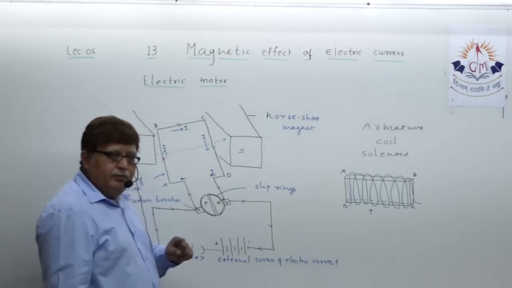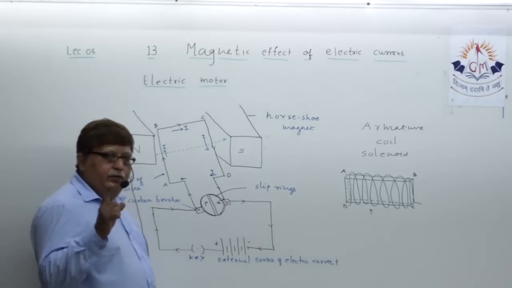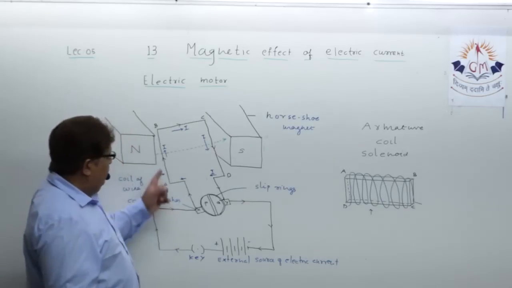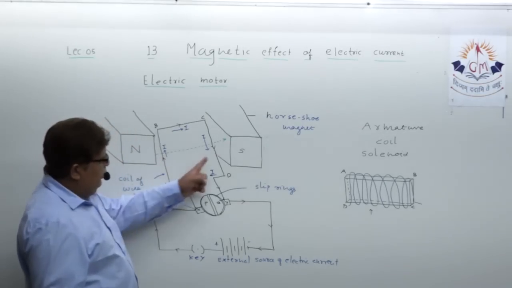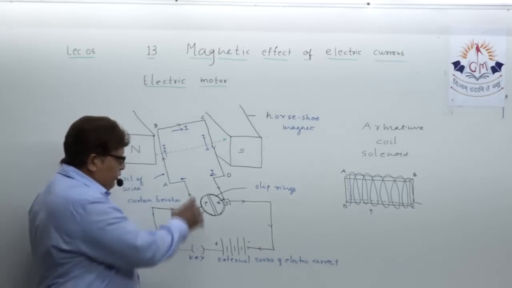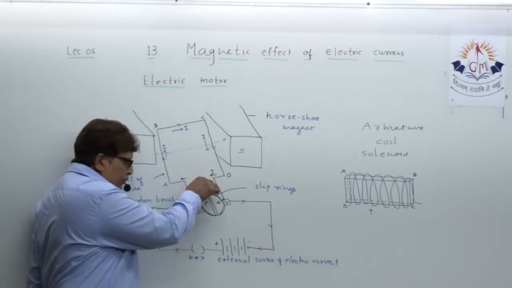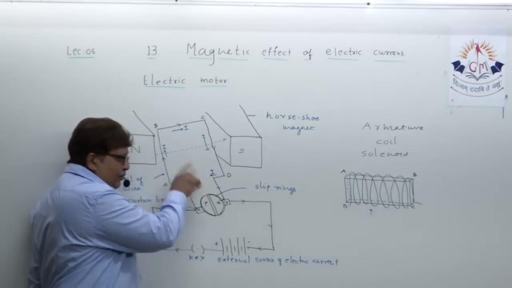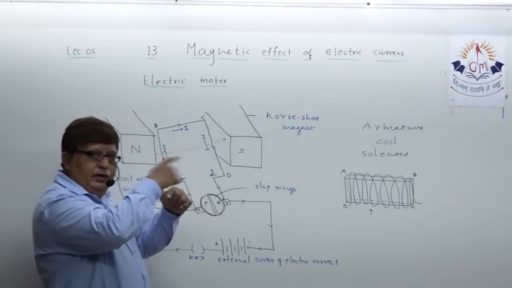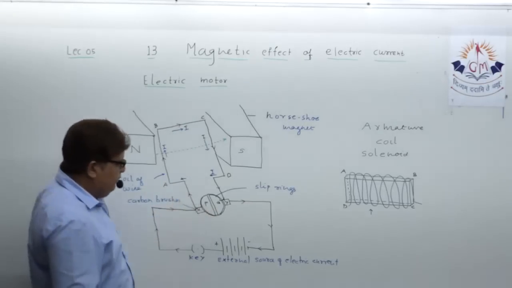That means electromagnetic force is going to work only on edge AB and edge CD. And as they have shown in the textbook, one axle they have shown. Axle means around which this coil of wire can rotate. I am not showing the axle.